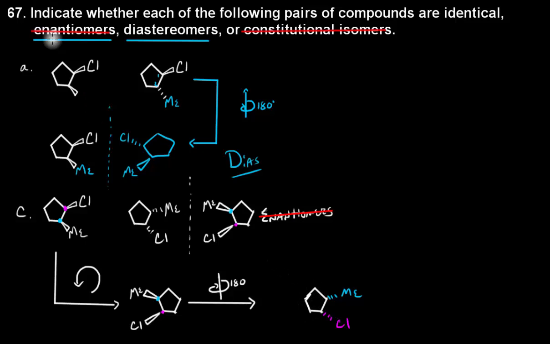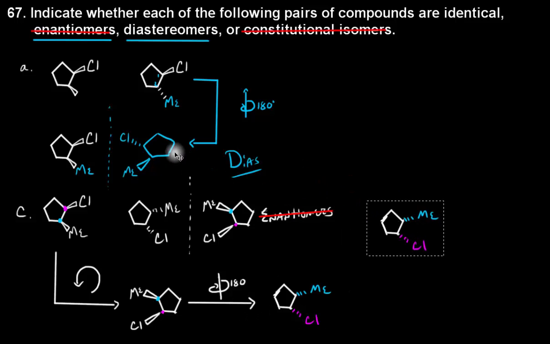Okay, so at this point, it could be easy to get a little frustrated because it looks like we're not really making much progress. But if you just took this and compared and contrasted it to this other molecule that we were originally trying to compare, it looks quite similar. If you attempt to superimpose, you actually do have the methyl group in the same position and the chlorine in the same position.